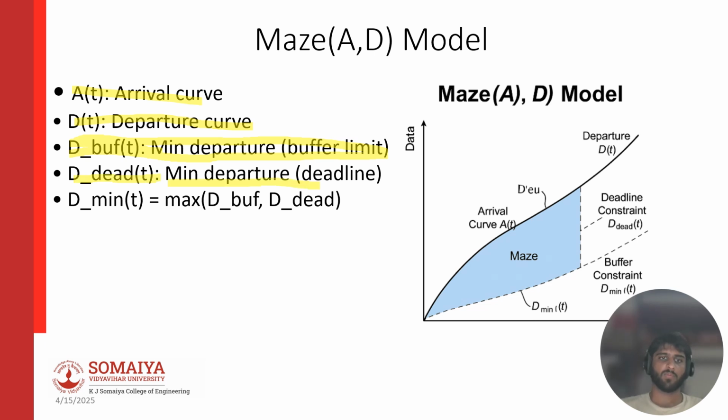And then you have the maximum buffer time and the deadline time. From this curve, we can have a good look. Here we have our arrival time and we have our minimum departure time.